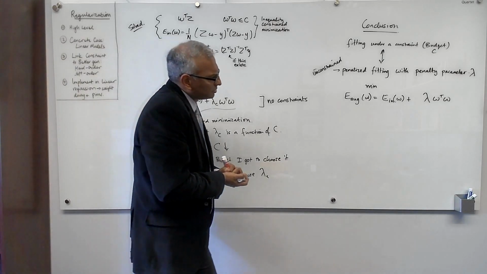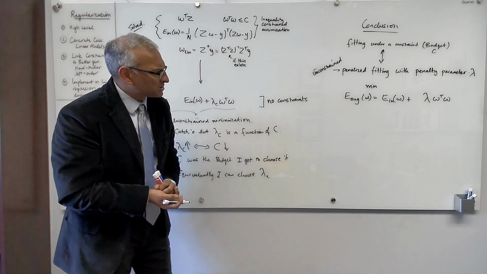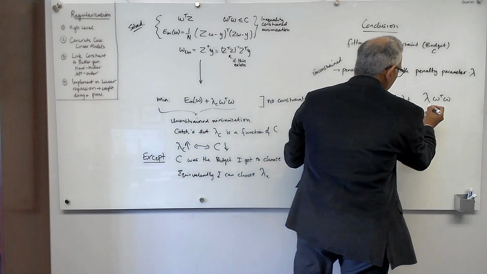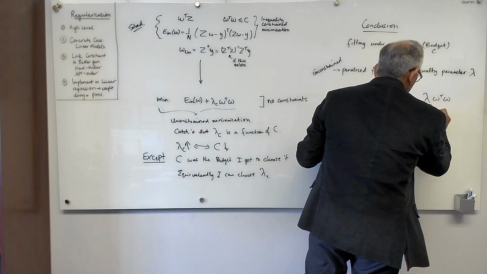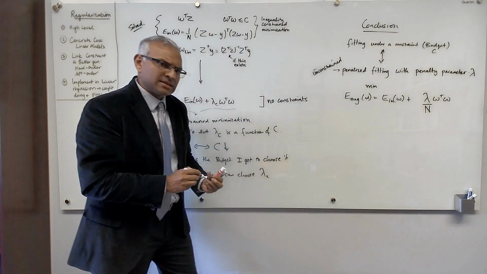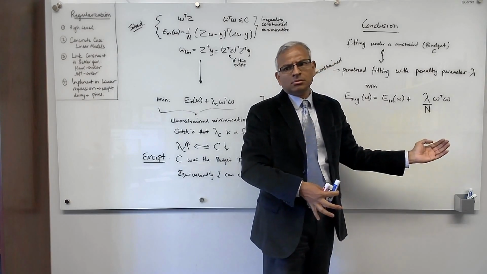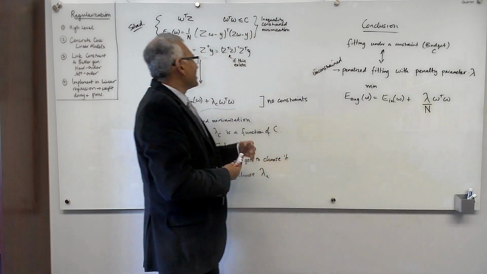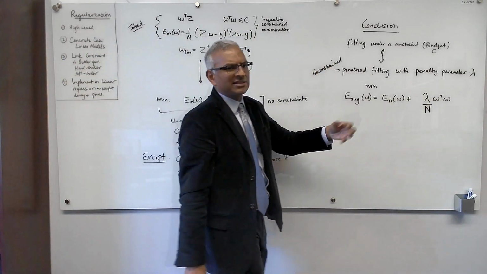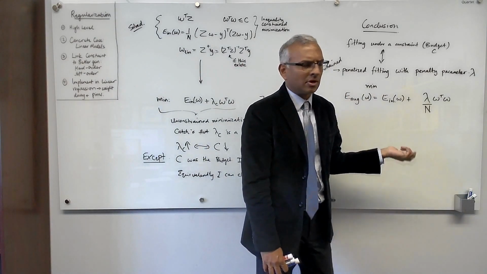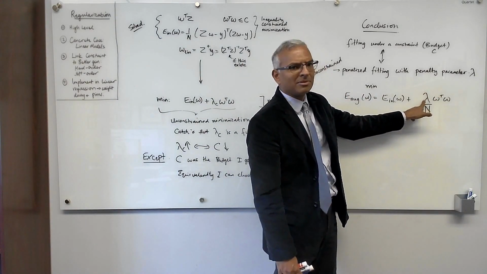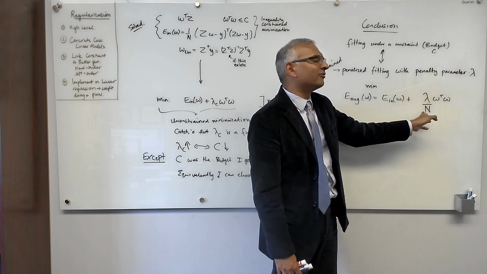Okay. Now, just for practical considerations, it's useful to divide this lambda by N. And that's because, typically when N is larger, you can afford to have less of a constraint, and typically the behavior is linear. Now, I can always do this because lambda is a parameter I get to pick. So let me just pick lambda over N instead.